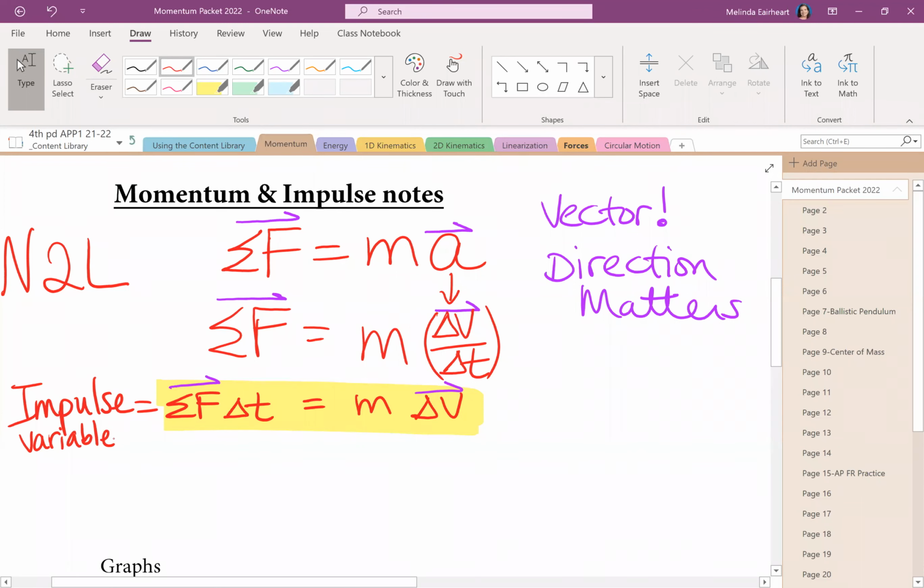AP took it off their formula chart. I don't know why, but the variable is a J. So joules, it can get a little confusing, but if you see in the packet or as you read review books or your textbook, videos, whatever, capital J in an equation is impulse, okay?